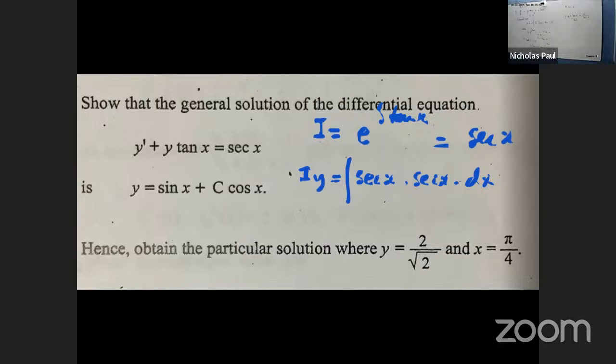Look at that. Iy is equal to the integral of sec squared x. I made a mistake and left I there.